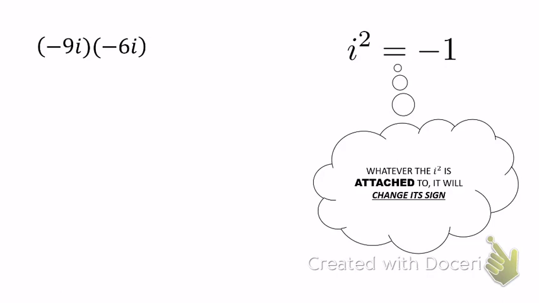Next example, okay? Notice we are multiplying. So -9 times -6 is 54. i times i, just like x times x equals x squared, i times i equals i squared.